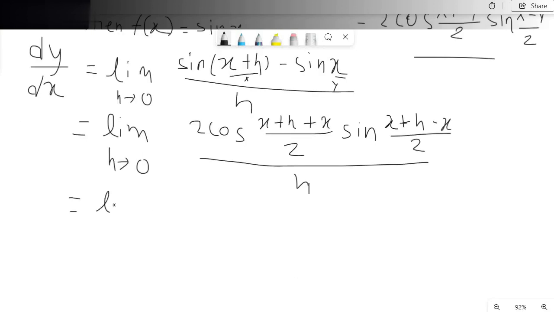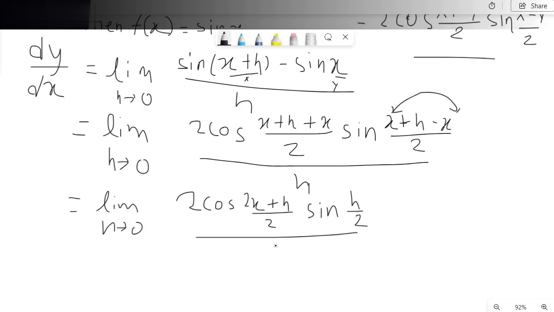Here we can simplify by adding the x. We get 2 cos((2x + h)/2), and here the x terms get cancelled out, so we have only sin(h/2), and whole divided by h.